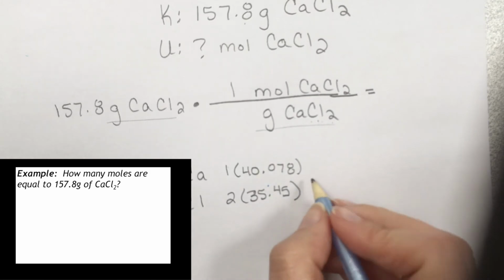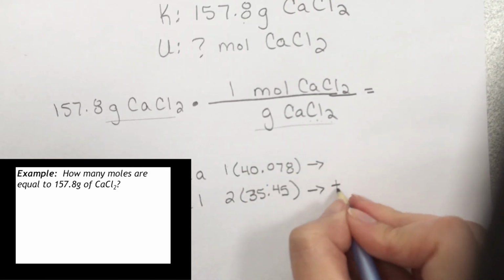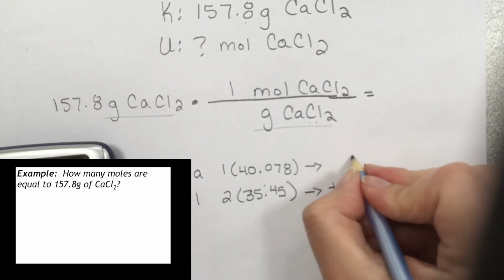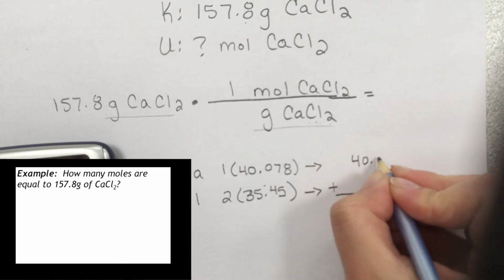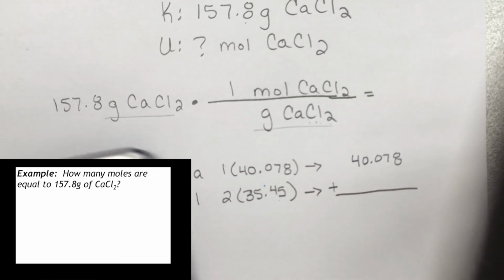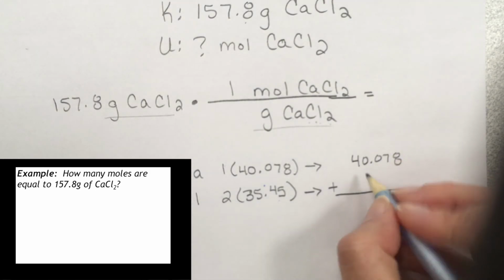Okay, so we're just going to multiply and then we'll add the products and we'll be done. So this we just move over, right? 40.078 and then 35.45 times 2. So 35.45 times 2, 70.9.